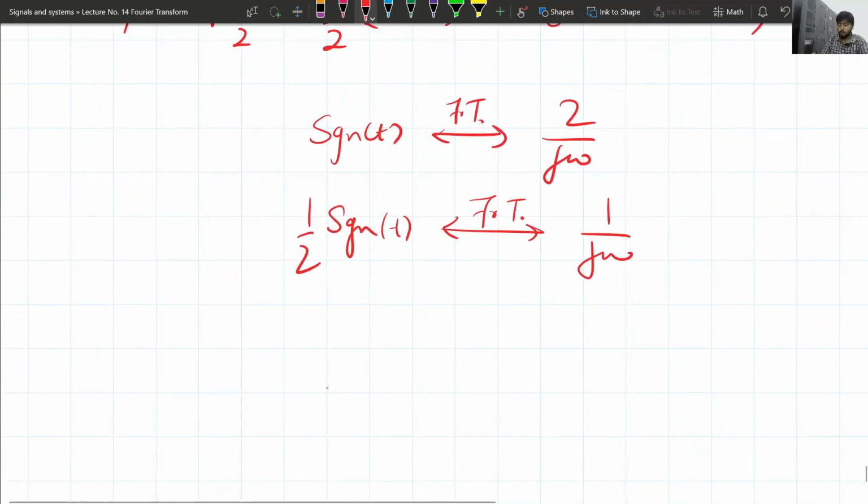Now applying the property of linearity, as we know, the Fourier series representation is based on the concept of linearity. Likewise, the Fourier transform also follows the property of linearity.